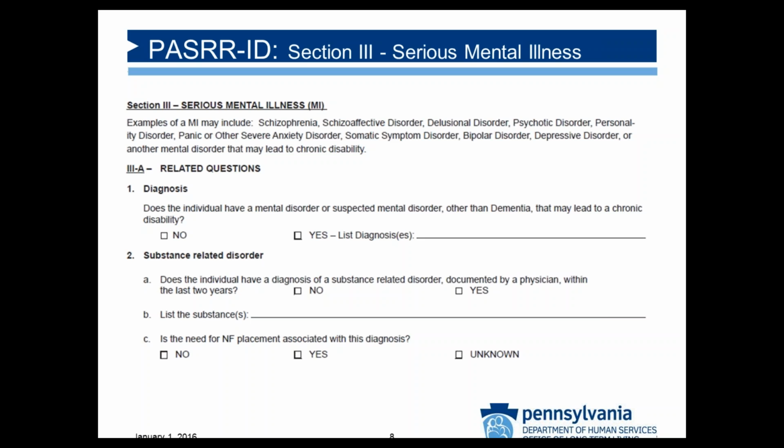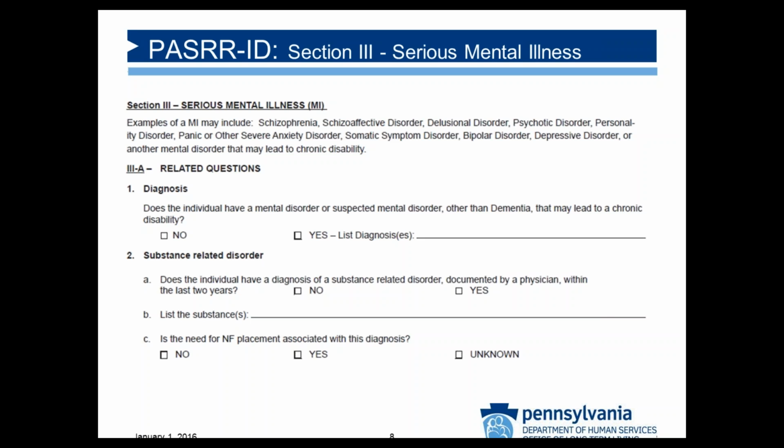So for the serious mental illness section, we ask obviously for the diagnosis. The serious ones, the major mental illness diagnoses, would be your schizophrenia, your bipolar disorder, your major depressions, okay?